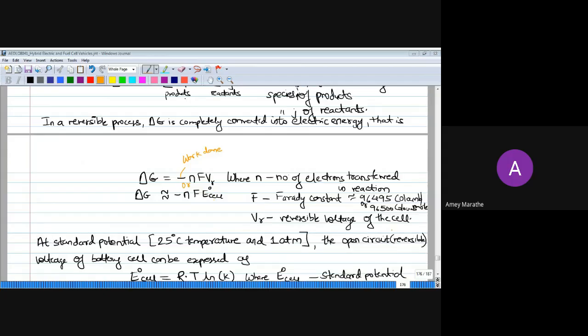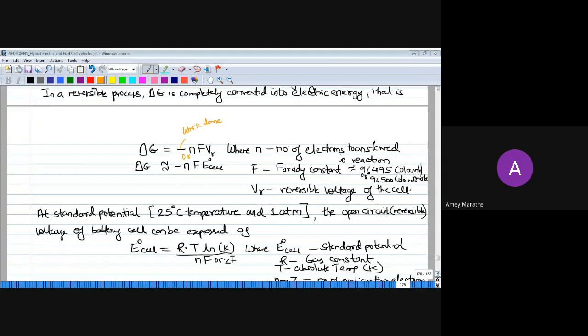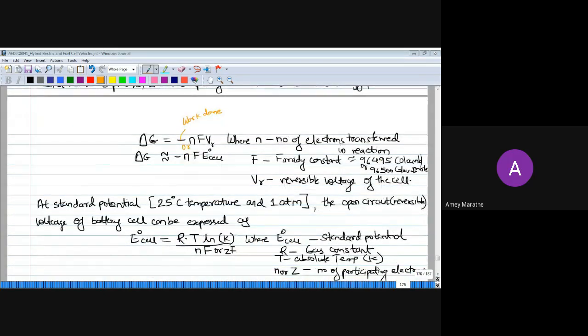At the standard potential, which is 25 degrees C and 1 atmospheric pressure, the OCV or open circuit voltage of a battery or a fuel cell can be given by this particular formula: E_cell = (RT/nF) ln K. Again, n and z are the same and stand for the number of electrons. We will see what K is.